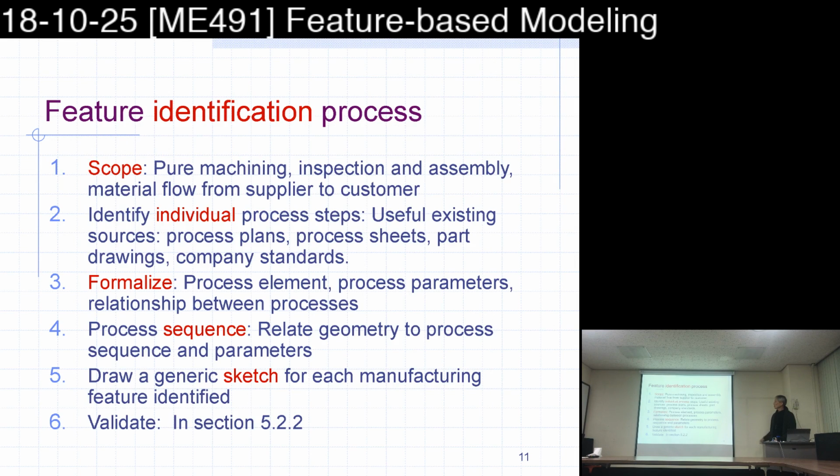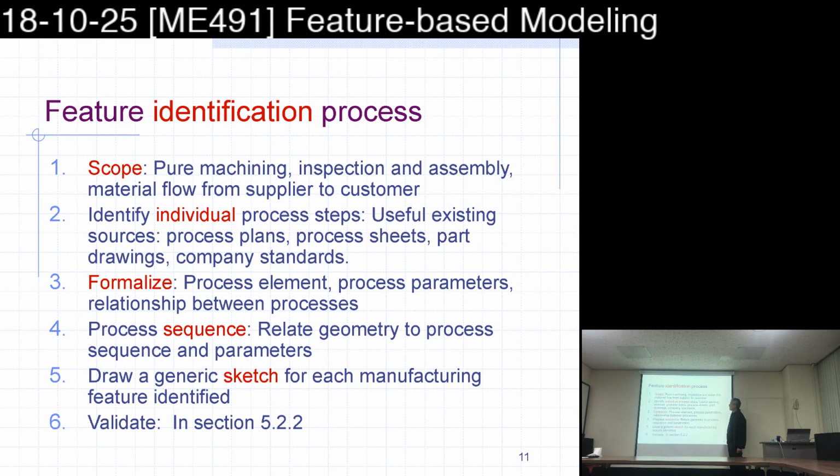Identification, feature recognition, we already saw this one. But here again, they focus on manufacturing feature identification. And then same, probably similar. The scope is only for pure machining, or it is for inspection, or it is for assembly features, or it is for material flow.